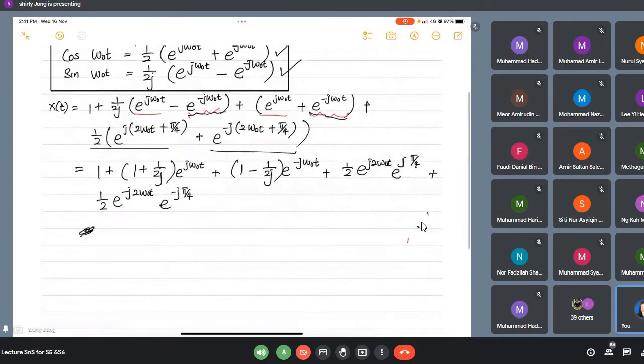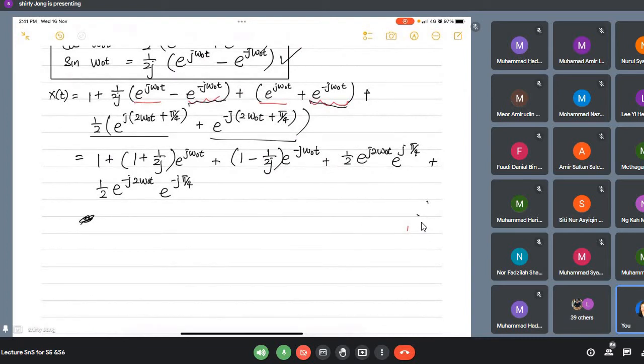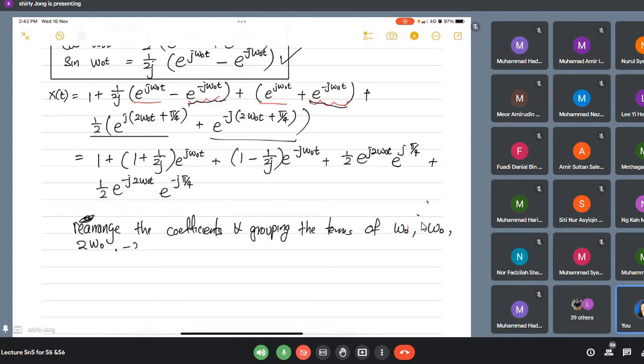From here, I would say that you rearrange the coefficients and group the terms of omega naught, minus omega naught, 2 omega naught, minus 2 omega naught.